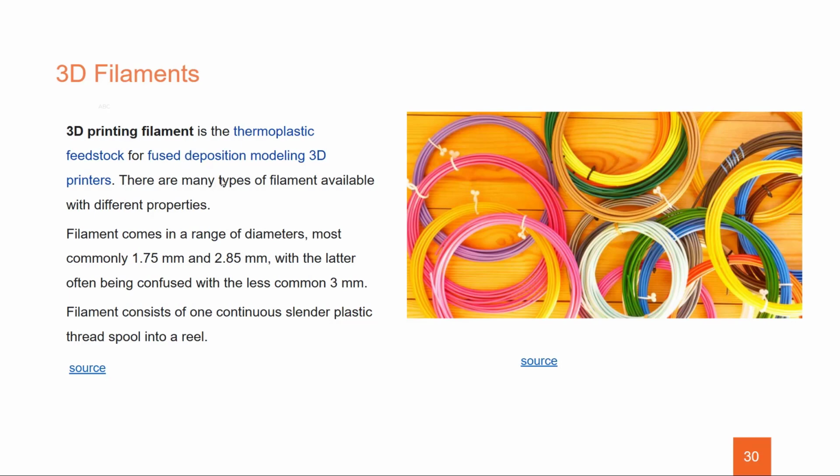3D filaments are basically thermoplastics, and they come in various types. Usually they are spooled around some plastic container, just like when you have a rope and you want to wind it around your arm.